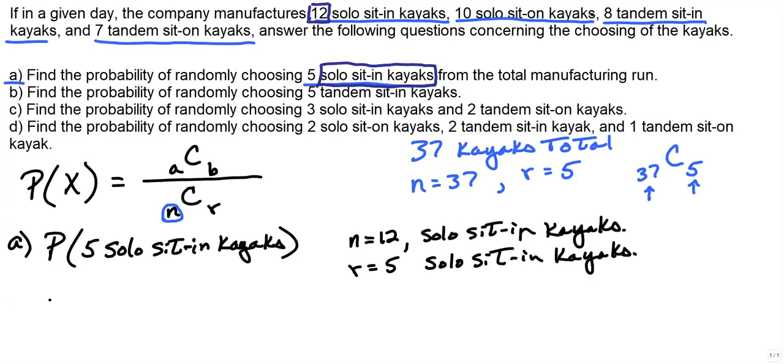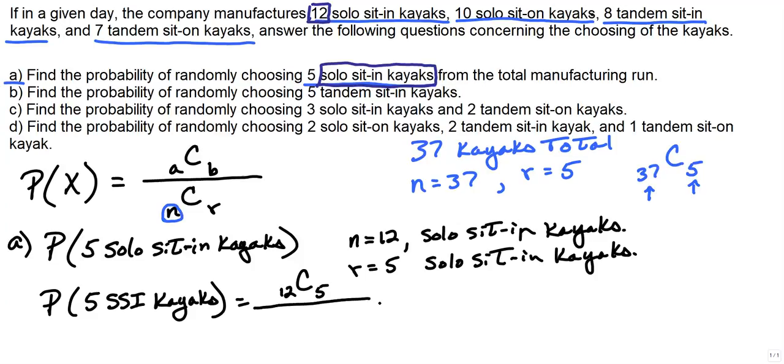So the probability of choosing the 5, and we're going to call it SSI kayaks, so I don't have to keep writing this all out, is going to be the fact that we have 12 solo sit-in kayaks, and we're going to choose 5 of them. And we're going to compare that to the fact that we have 37 kayaks total, and we're choosing 5 of them. And we will then type that into our calculator to get an answer.